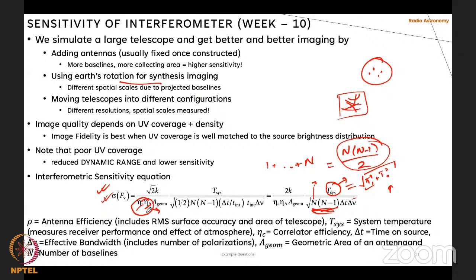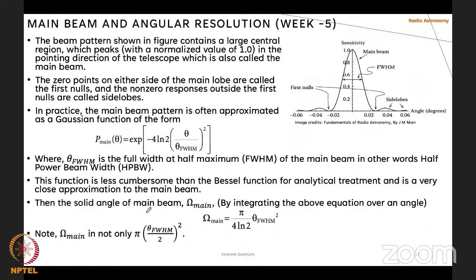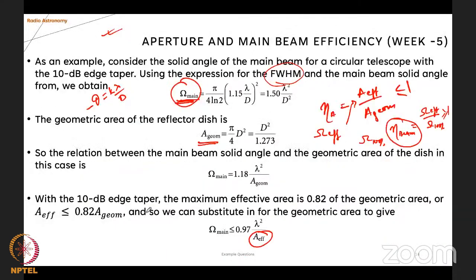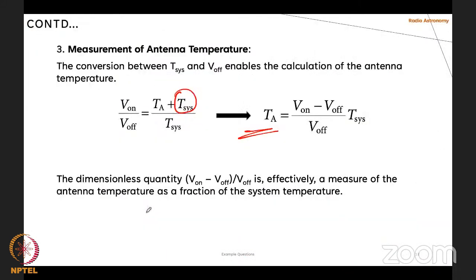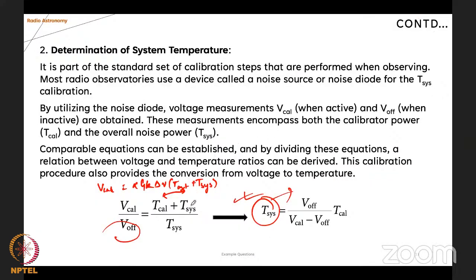Okay, if you remember the calculations we did for single dish, the voltage calibration kind of thing, you can calculate the system temperature by viewing the calibrated source.